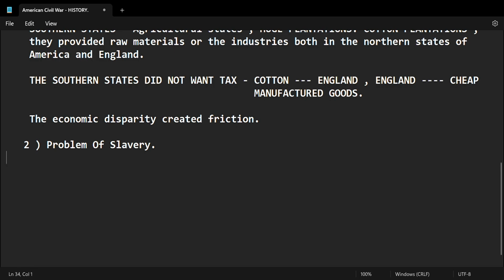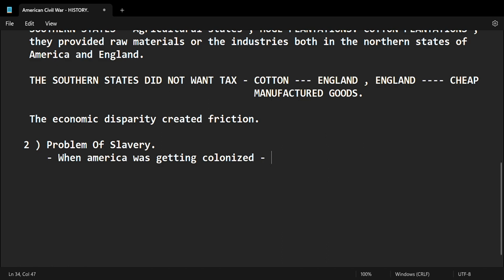There was a problem of slavery. What problem? So right from the time when America was colonized. So when America was starting to get colonized, thousands of slaves were brought from Africa.